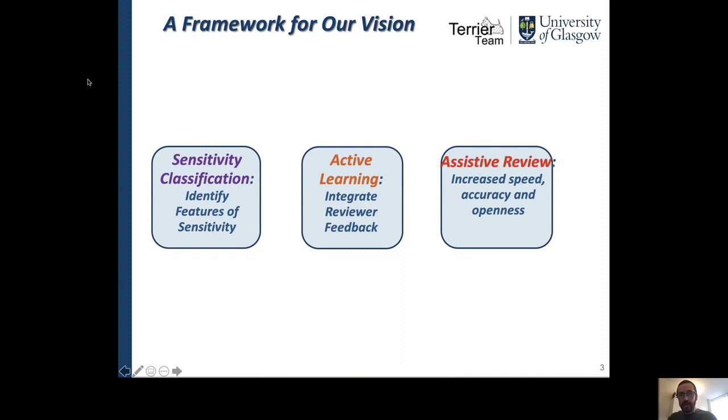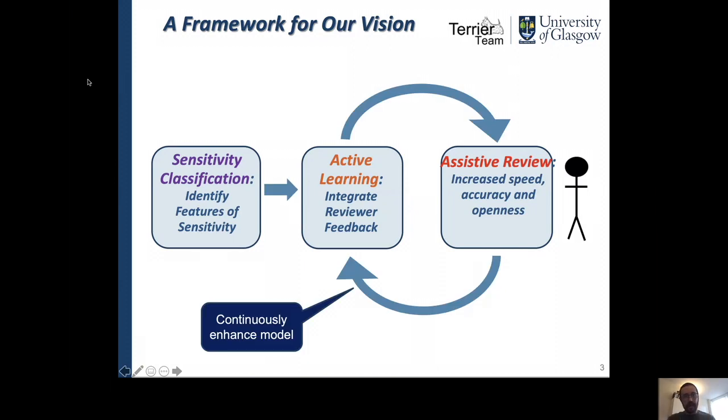And then most importantly, how can we use these models that we're learning to assist the reviewers? So this is an iterative process whereby we are continually learning, continually assisting the reviewers and learning from them.